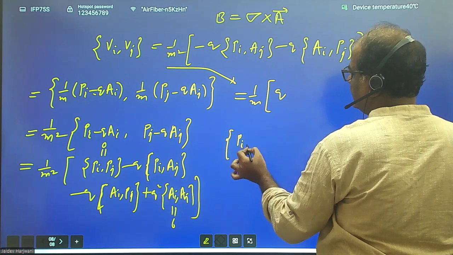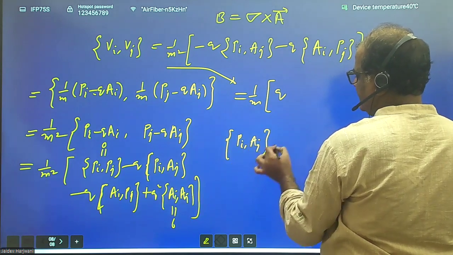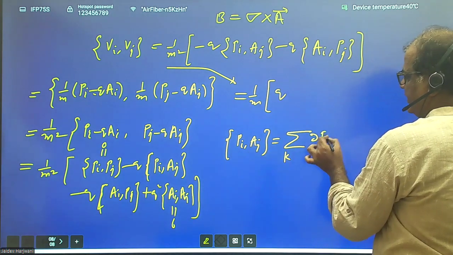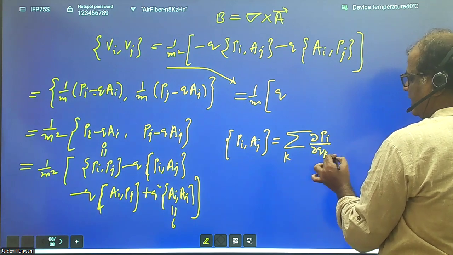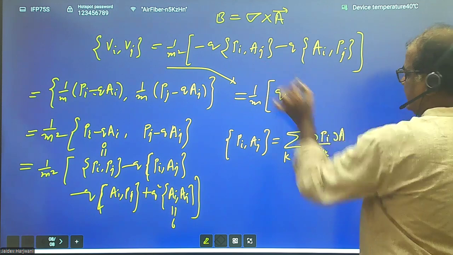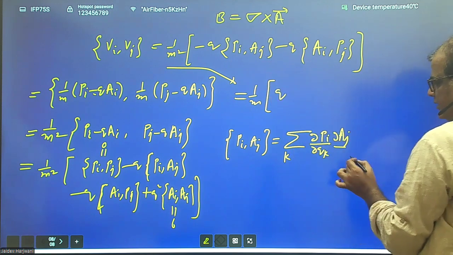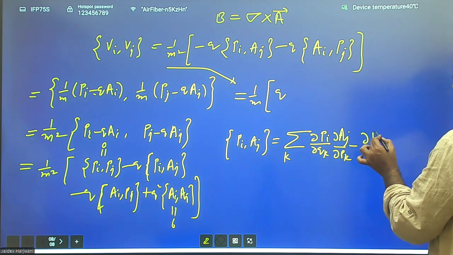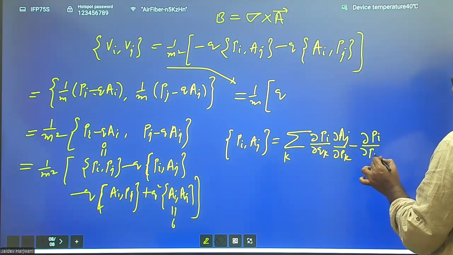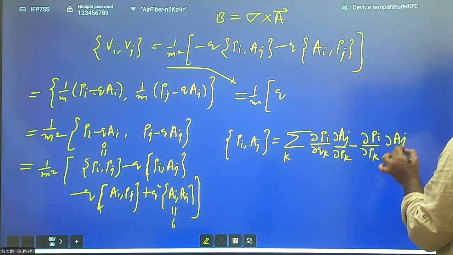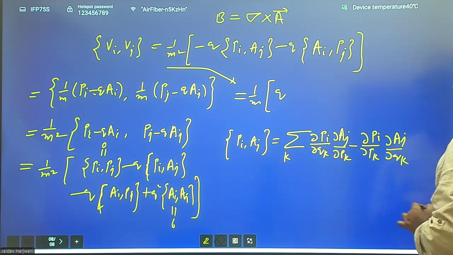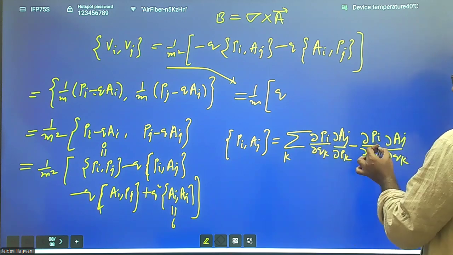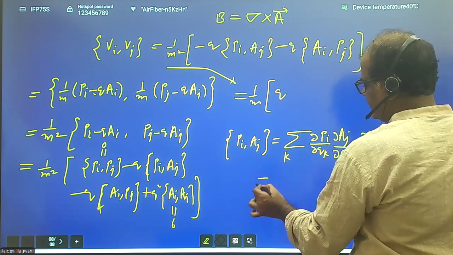Say the Poisson bracket of pi, aj. What is the value of this one? This value will be the summation over k of del pi upon del qk times del aj upon del pk, minus del pi upon del pk times del aj upon del qk. Now aj does not depend on the momentum, so the first term becomes 0, and del pi by del pk I can write as the Kronecker delta, delta ik.